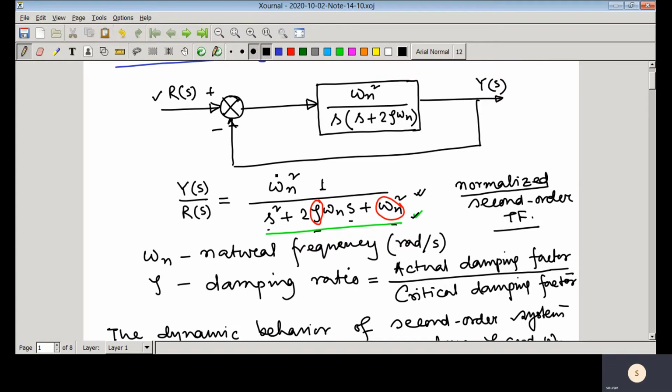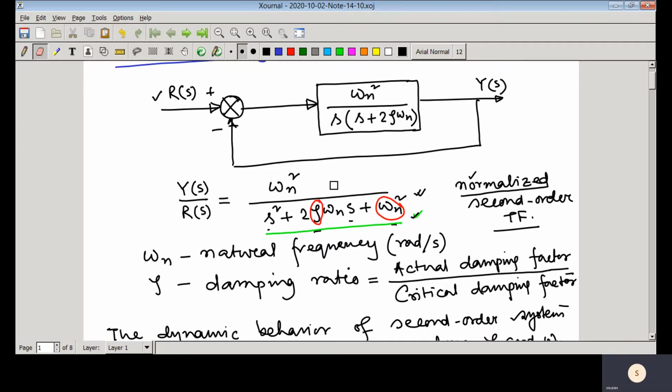But as we have represented the transfer function in normalized form, that means omega n square by this term, so omega n square by omega n square will be cancelled out and it would be 1. So that's why this particular transfer function model is called that normalized one.